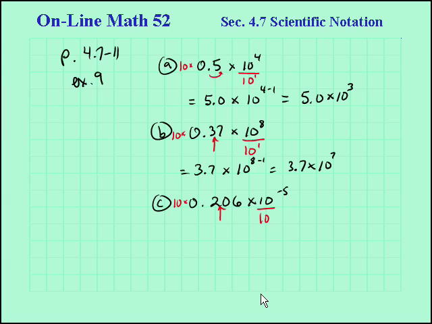This should be 10 to the first power in the denominator. Okay, 10 times this moves the decimal one place to 2.06, that's good, times 10 to the, again, we're going to subtract exponents, negative 5 minus 1. This time it becomes 2.06 times 10 to the negative 6th. Okay, this is called adjusting the coefficient when it's not in proper form.